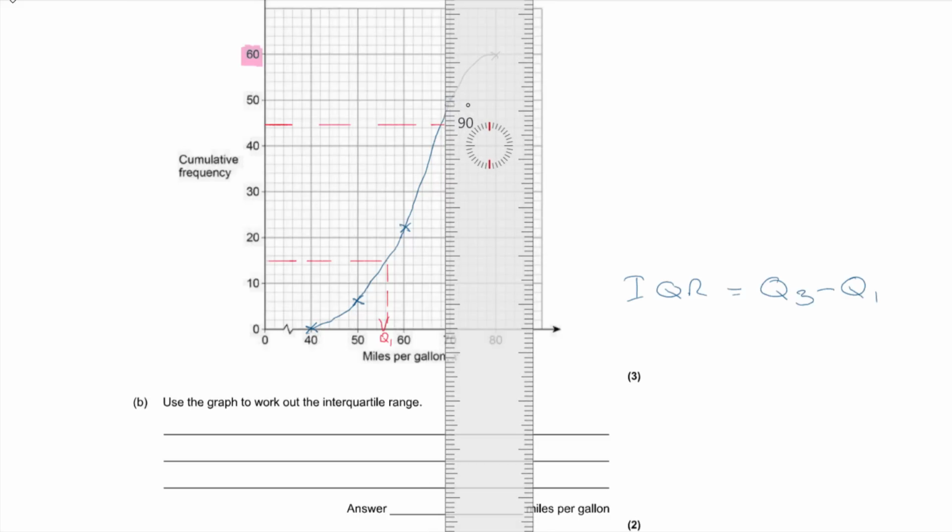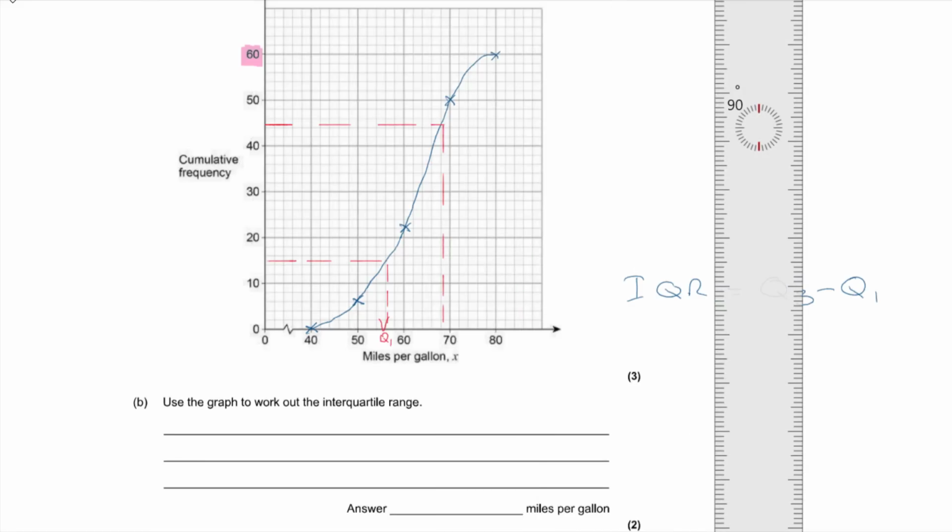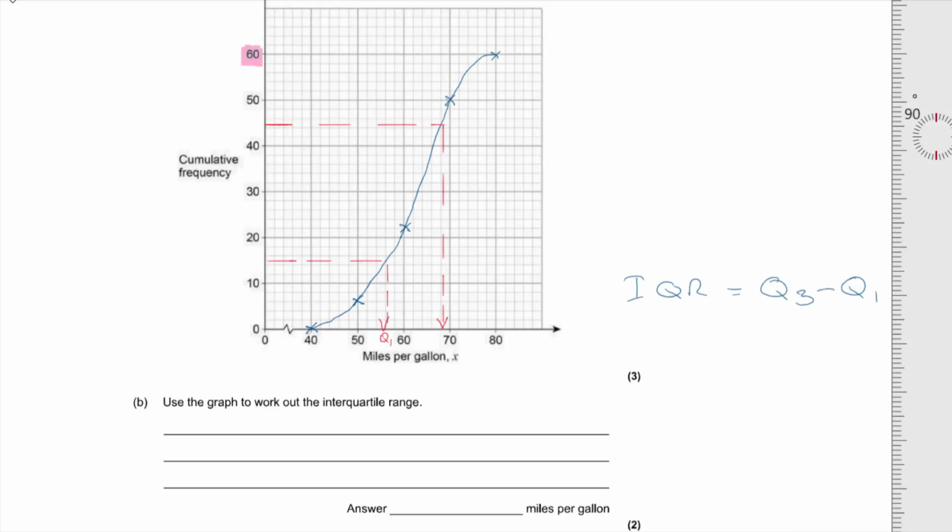Then reading down. Again, using this method to mark your axes, like mark your graph like this, is a good way of showing method. So the interquartile range then is going to be the value we got at Q1, not 15, but the value we look up at 15.